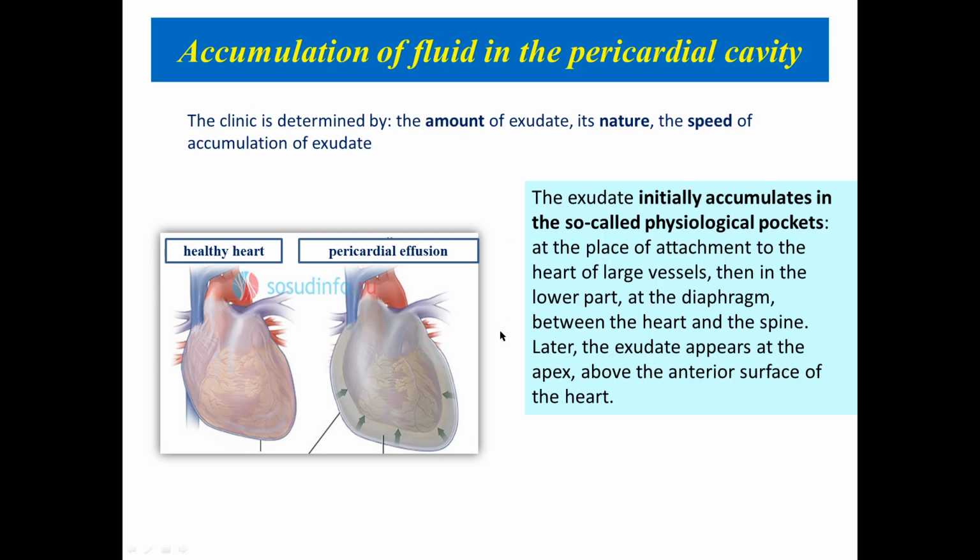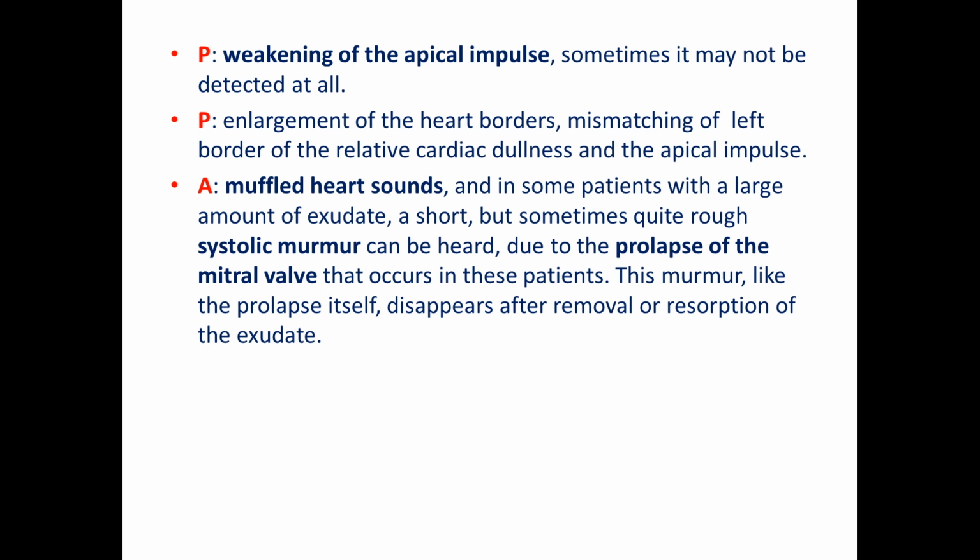You see, if you percuss and try to find cardiac dullness, it will be in one place, but by palpation you find apical impulse in another place, inside from dullness.